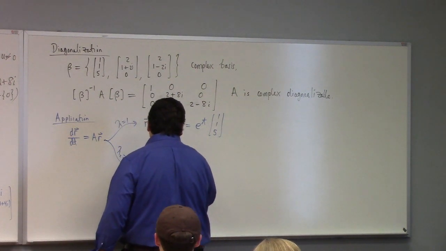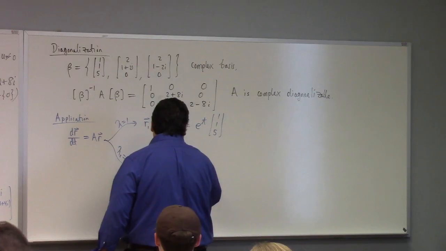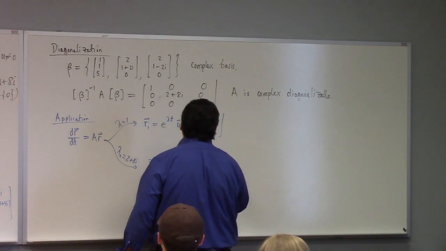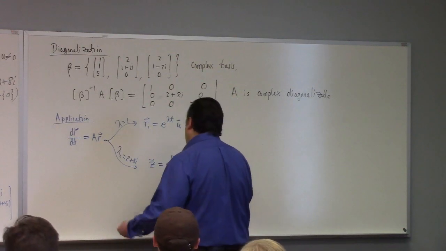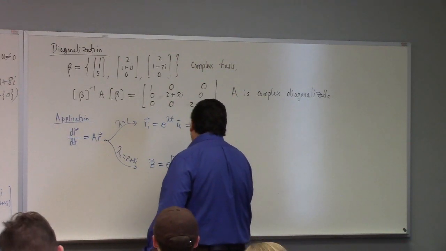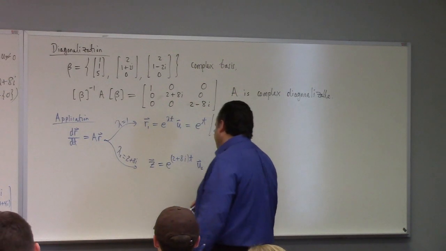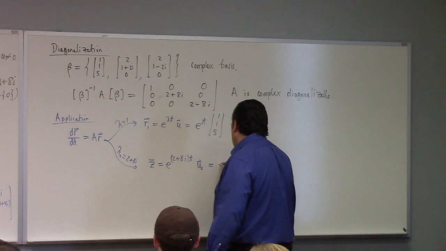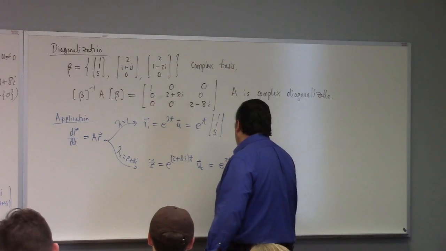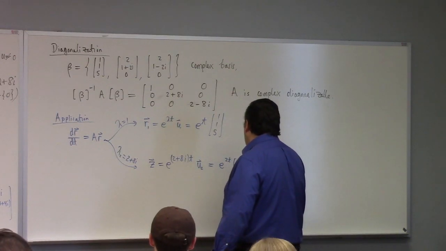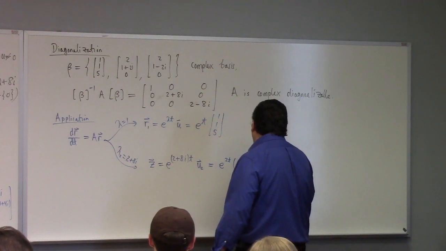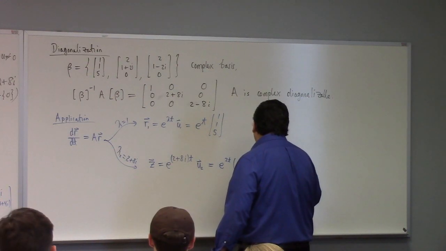I get z equals e to the 2 plus 8i times t times my u2 vector, all right? And just to be explicit here, guys, the way this works is this is e to the 2t times cosine of 8t plus i times the sine of 8t.